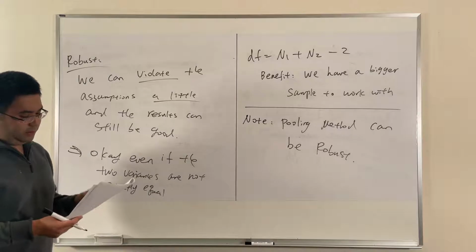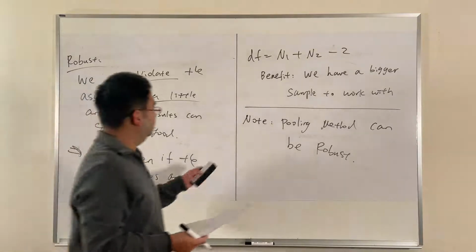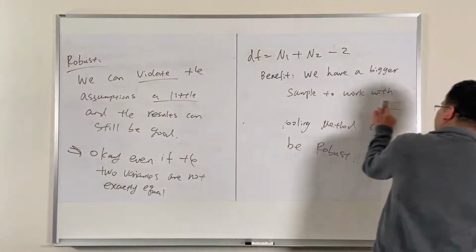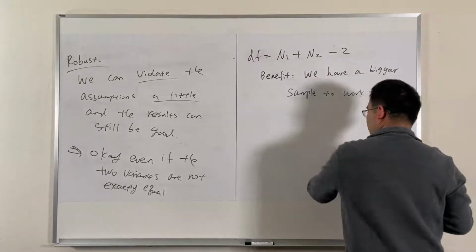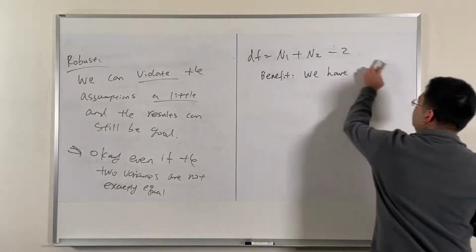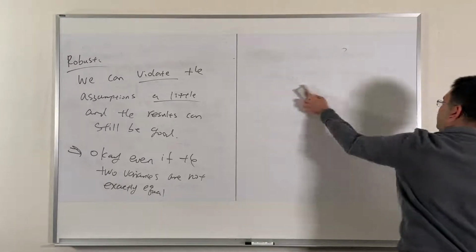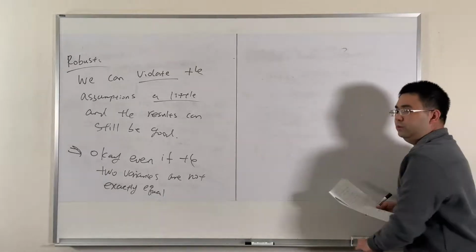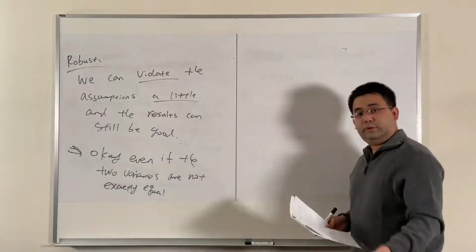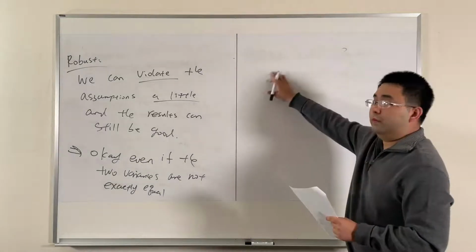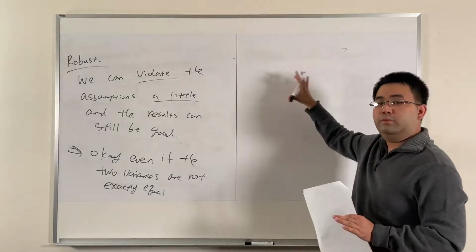Now let's talk about the rule of thumb. We have two methods: one is the conservative, another one is pooling. The rule of thumb is going to tell you which method you should use.